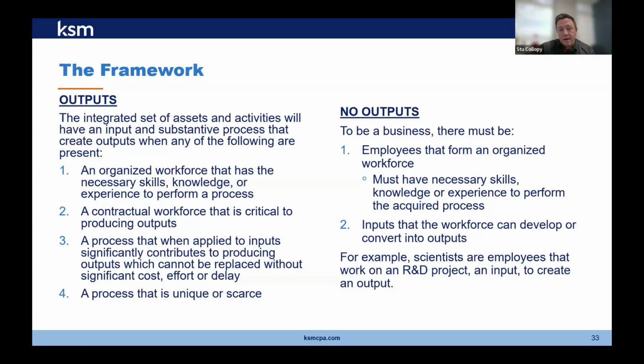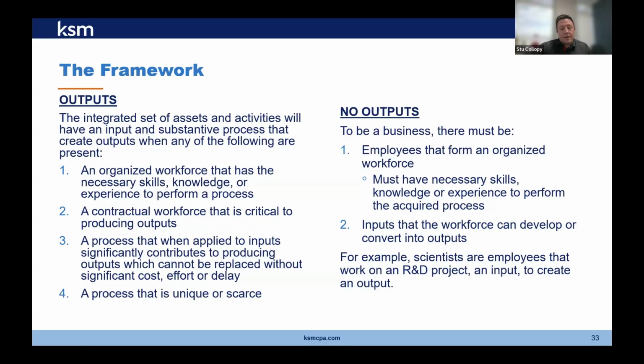On the other hand, if there are no outputs, this is where it gets a little more strict. To be a business, it specifically states that employees that form an organized workforce must have necessary skills, knowledge, or experience to perform the acquired process. But it also must have inputs that a workforce can develop and convert into outputs.